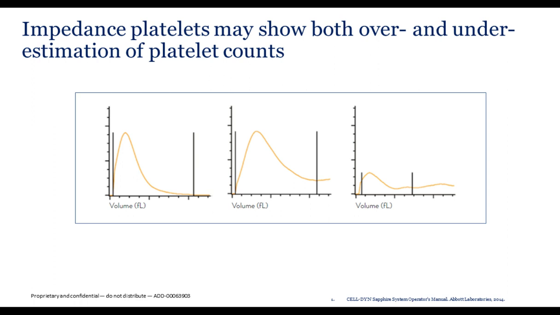The one on the far right indicates maybe a mixed population of some red cell fragments or perhaps some large platelets. In any case, the two on the right indicate that we have a problem with the platelet count, and most likely the result will be flagged and will have to be reconfirmed by alternate technology.